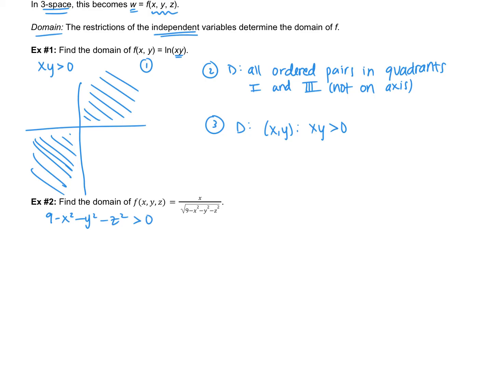So the quantity underneath the square root at least needs to be 0 or positive, but then we take out 0 because we don't want 0 in the denominator of the fraction. Making this look a little bit more friendly, this is the same as x squared plus y squared plus z squared is less than 9. So if we want to express this domain officially, we can say that our domain is all points x, y, and z such that x squared plus y squared plus z squared is less than 9.